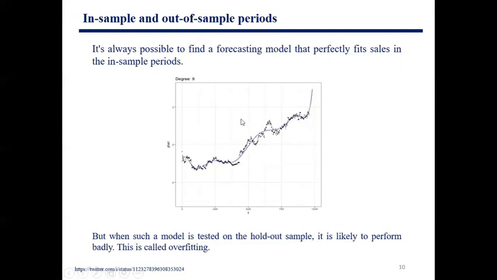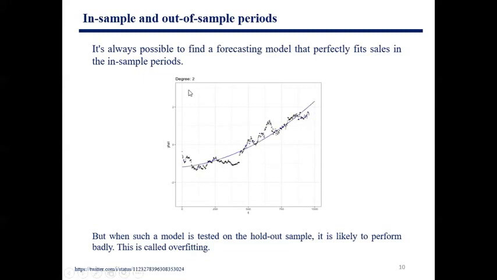Here I think it's an important point. You can see in the black points the observed, actual sales, and you can see that we can always find a model that fits the data well. Here, for example, we are using a polynomial model and we are increasing the degree of the model.